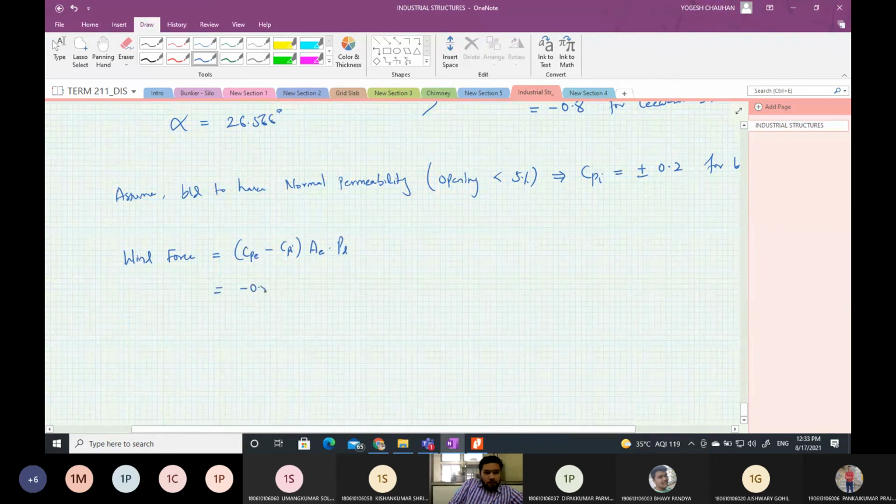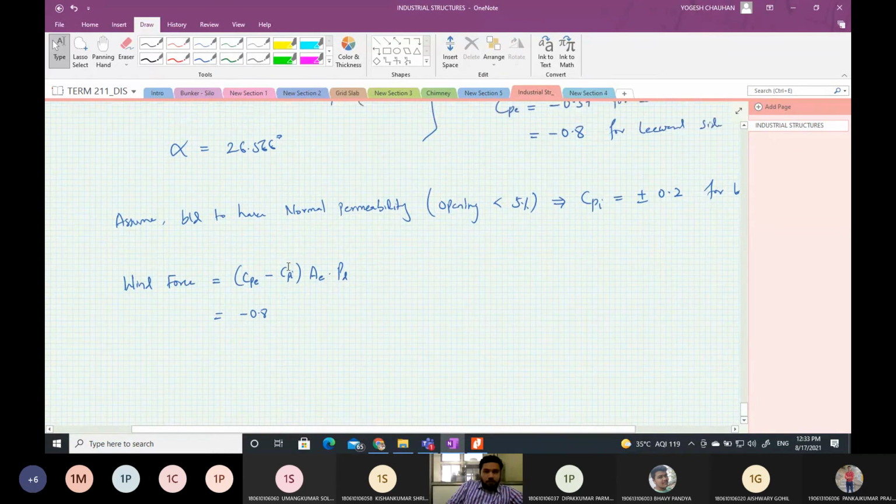This is (minus 0.8 minus 0.2), and the effective frontal area will be 8 into 2.235, multiplied by 1.05, which is the design wind pressure.